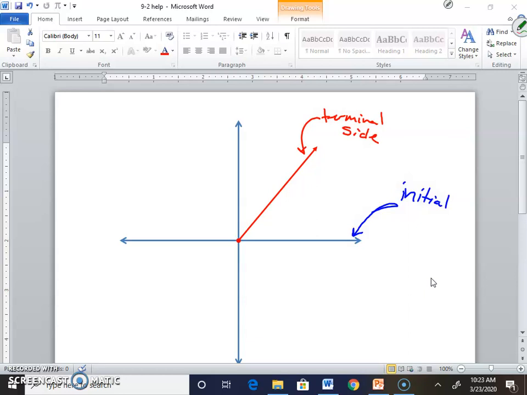The angle formed from the initial side to the terminal side, this angle right here, remember we can use theta to represent an angle, that angle is going to be our angle of rotation.